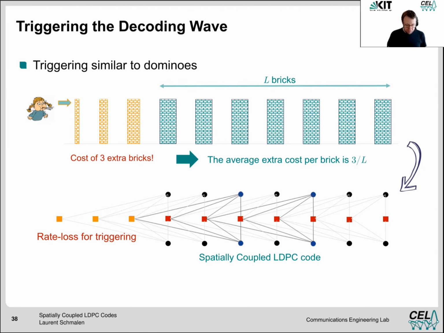And the extra nodes correspond to the rate loss that we have. So this is the kind of analogy that hopefully makes it more clear why these type of codes actually work. And the belief propagation decoder will make them work.